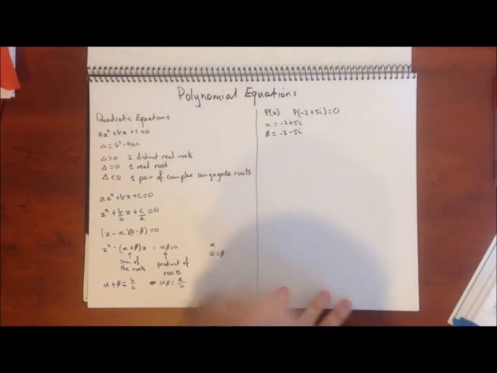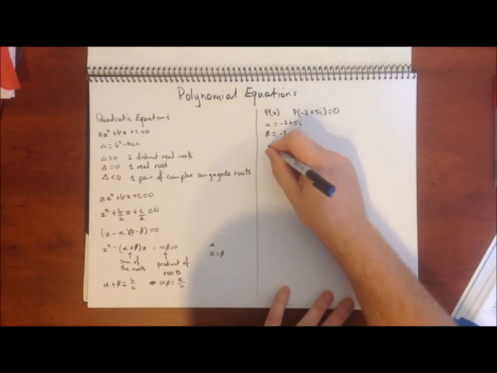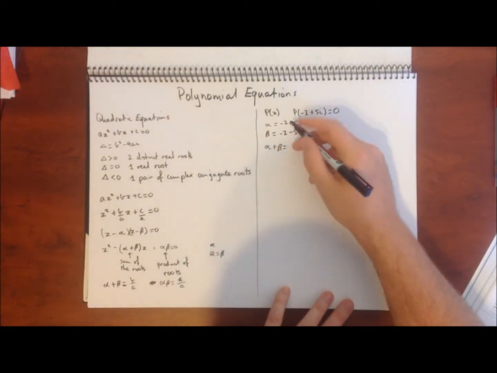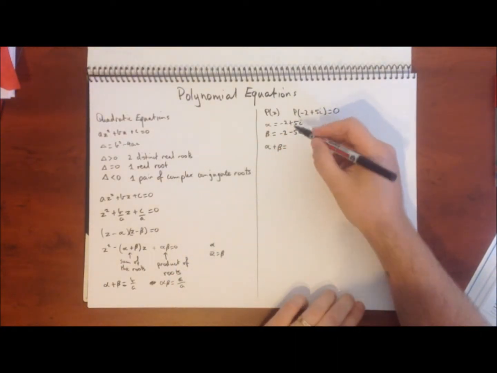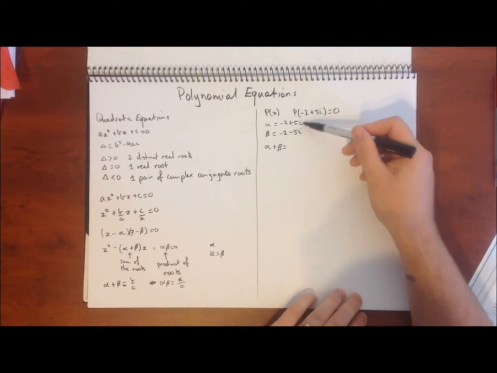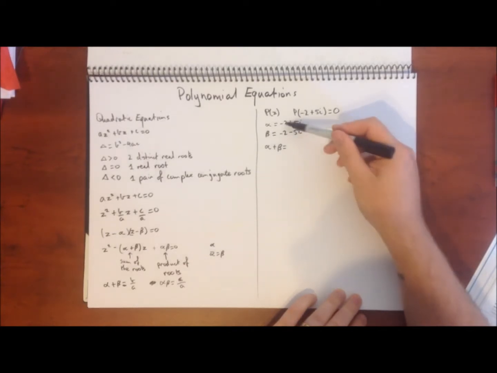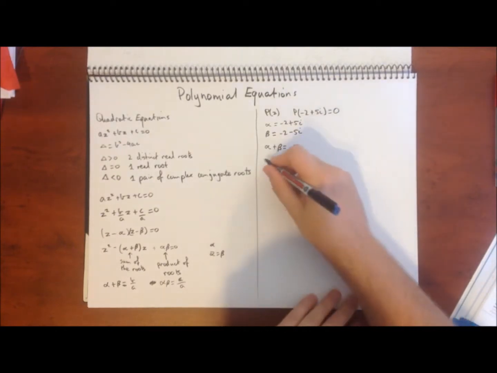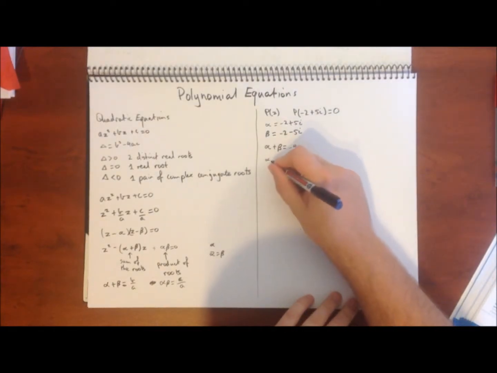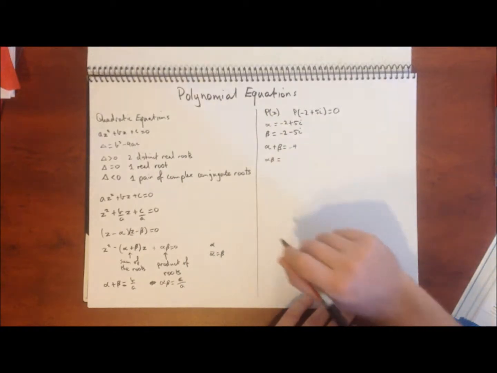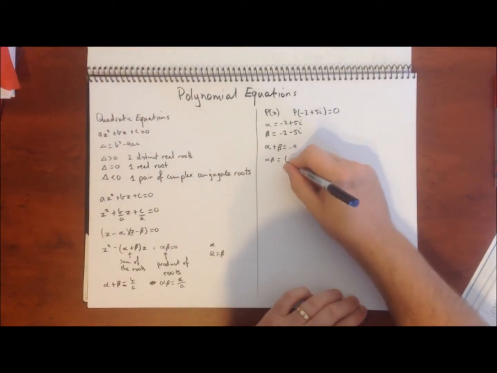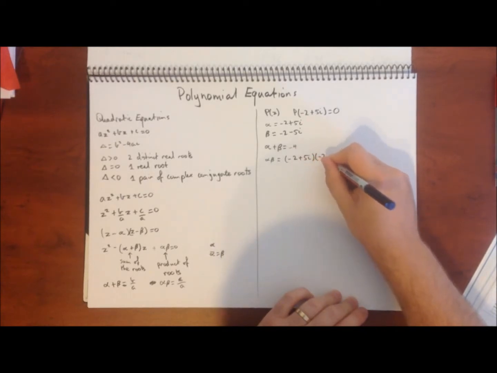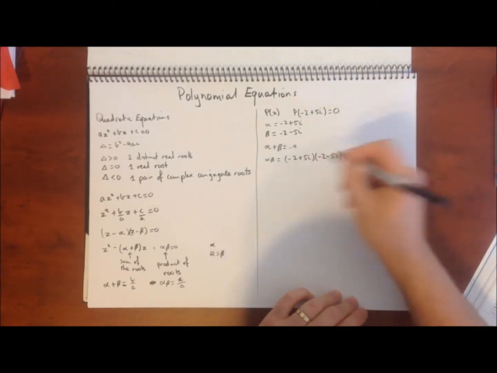Remembering now that when we add our conjugate roots alpha and beta together, our complex part disappears, so we just add these together to give us minus 4. And our alpha times beta is going to be minus 2 plus 5i times minus 2 take 5i.